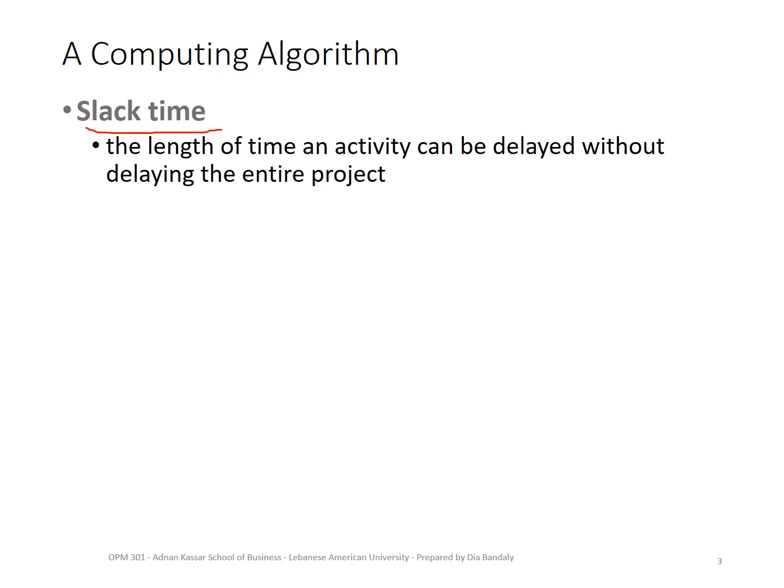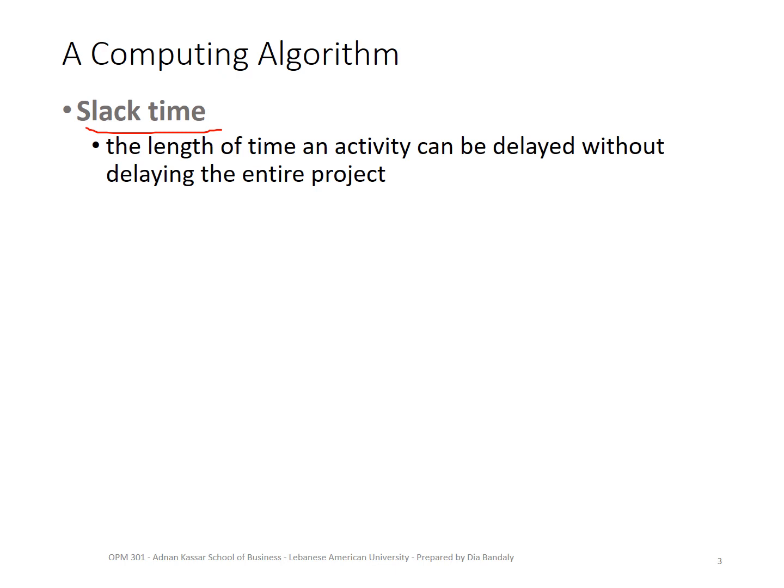This is very important because in real life, project managers need some room for mistakes, or to adjust some activities, or to adjust some resources. Very important, and that costs time. Now, if they know that some activities can be delayed without delaying the entire project, they would be very, very happy.